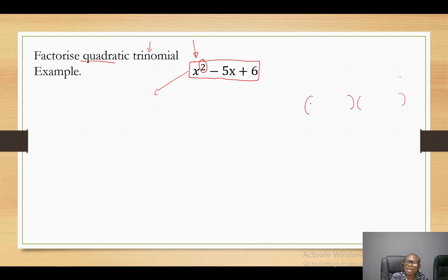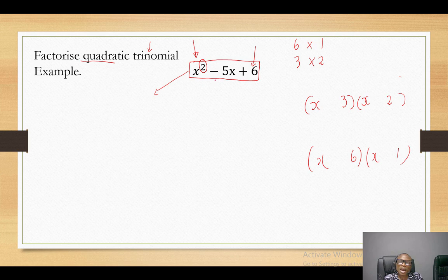So you say, okay, x can be multiplied with x to get x squared. Now, you look for two numbers which, when you multiply, give you the last term, 6. Those two numbers are 6 and 1. The other pair is 3 and 2. So I'm going to say 3 and 2, and also do the same thing down here and say 6 and 1.